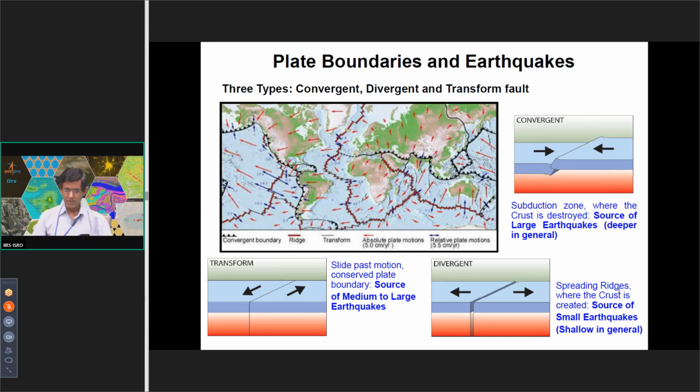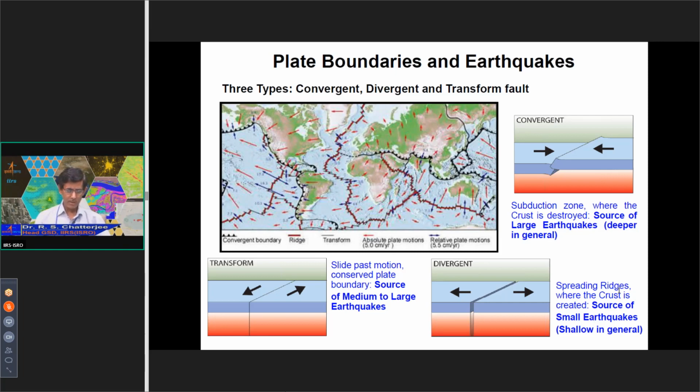As we go to the divergent plate boundary, you go down to the right bottom. In this cartoon you see the spreading ridges. Here the two plates are going away from each other, and the earth's crust is created in between. This is the source of small earthquakes, and these are generally all shallow earthquakes.